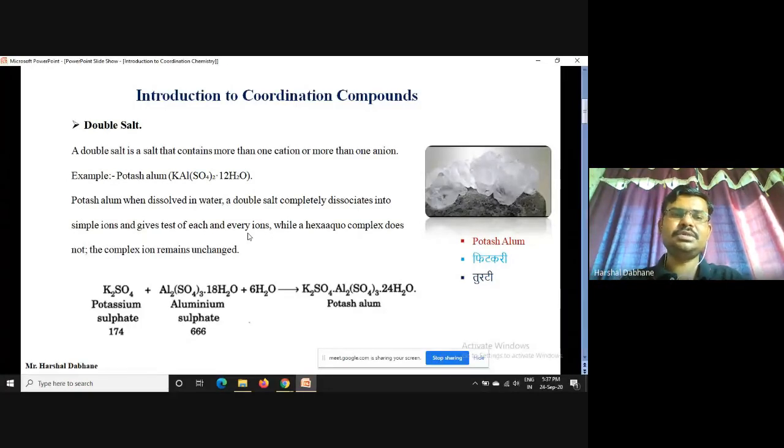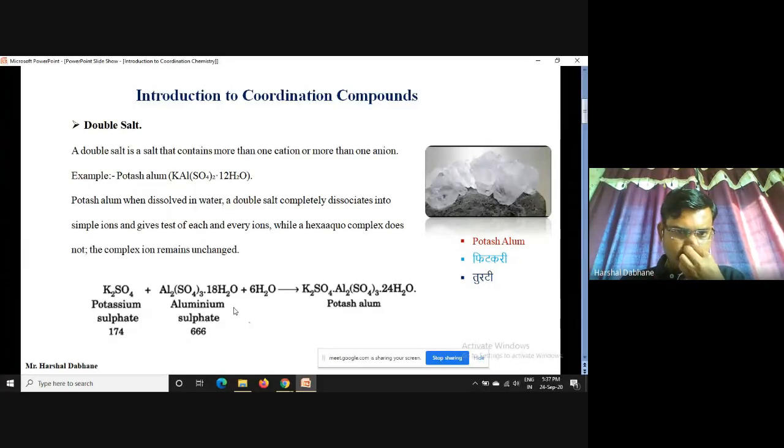So this is the preparation of potash alum. We can prepare this in our laboratory also. We take potassium sulfate, which has the molecular weight 174, and aluminum sulfate.